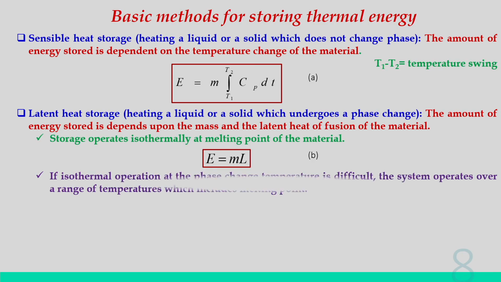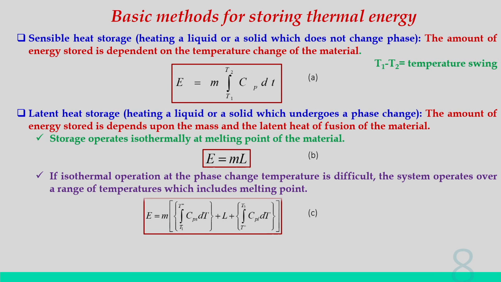And the second situation is, if isothermal operation at the phase change temperature is difficult, the system operates over a range of temperature which includes the melting point, and then mathematically we can represent it something like this. So, m is common and then T1 to T2 is the first term.